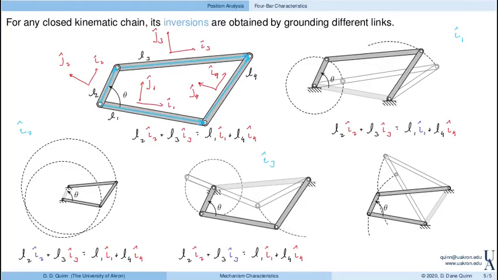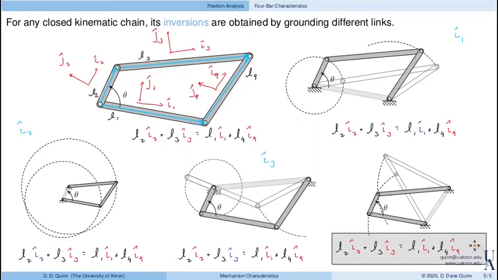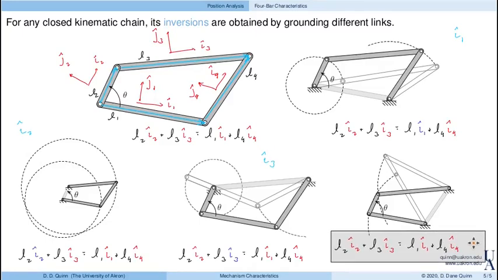And then finally, last but not least, we have a mechanism where we have grounded link 4. So now I4 is known.